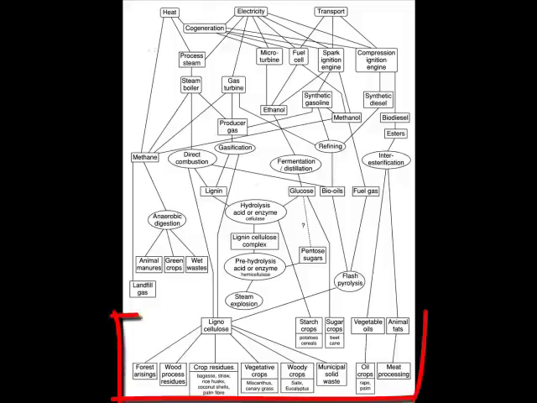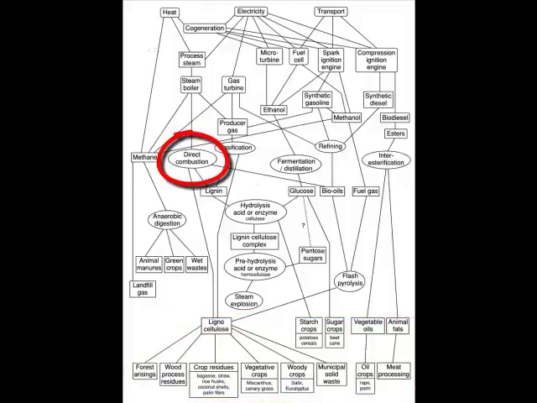You will recognize the raw materials at the bottom, and then you will recognize the direct combustion as one major way to go. You will recognize 2 of the thermochemical conversion routes, that is gasification and pyrolysis, though liquefaction is not specifically mentioned in this book.